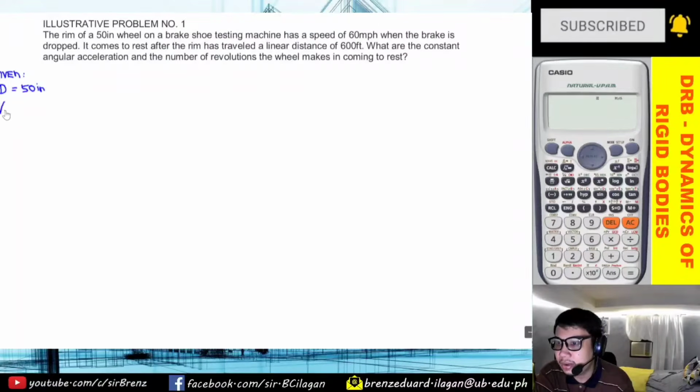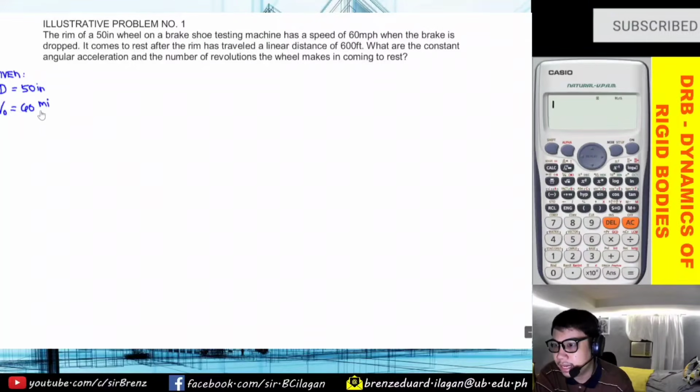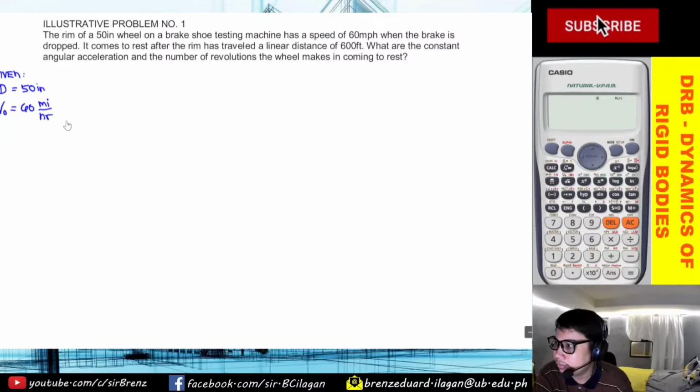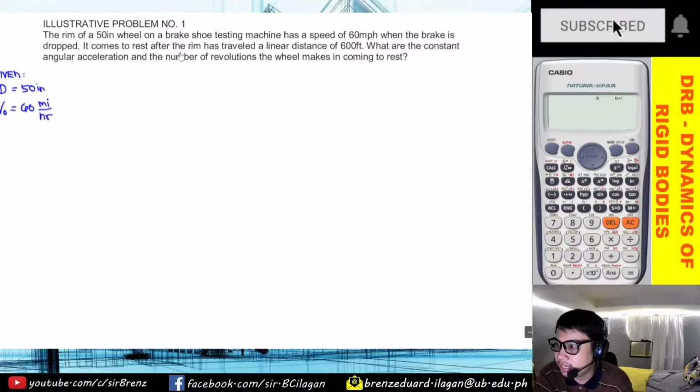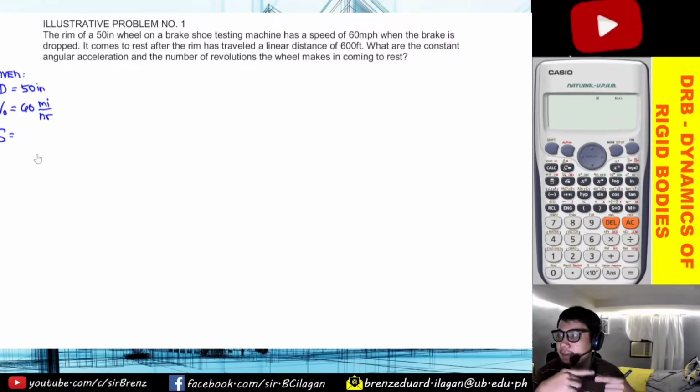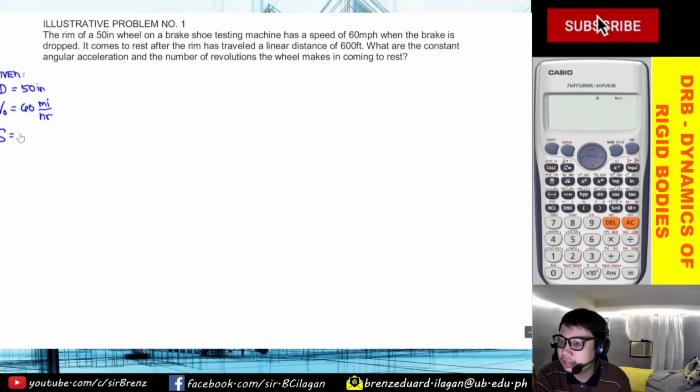So this is our initial velocity, 60 miles per hour. If you notice, the units are different. And it comes to rest after the rim has traveled a linear distance. So this is our displacement. The wheel travels 600 feet.